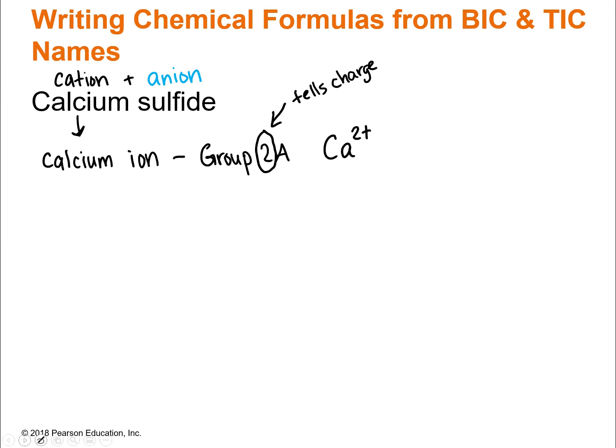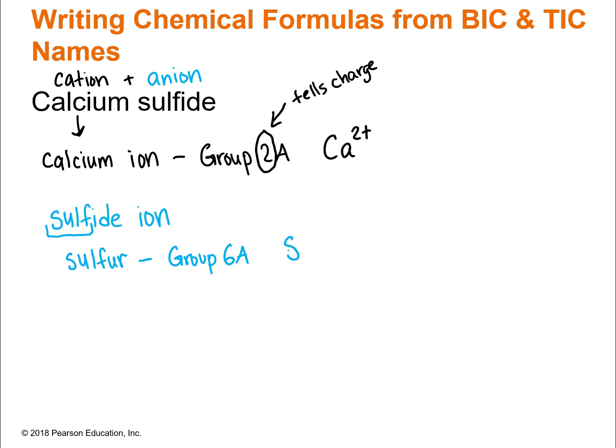Now let's do the anion part. The sulfide ion, this root tells us that it comes from sulfur. Sulfur is in group 6A.